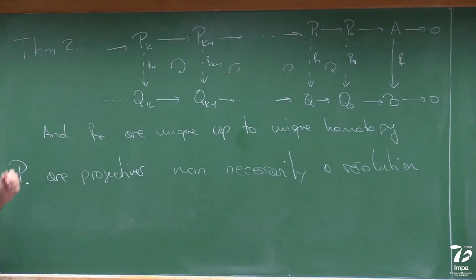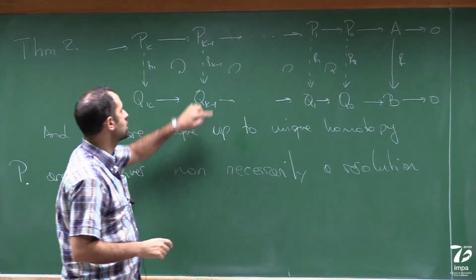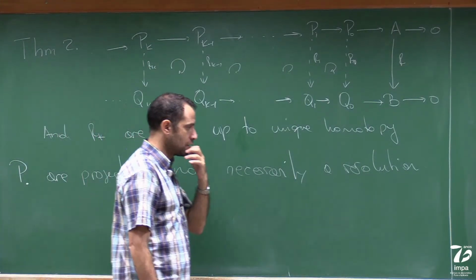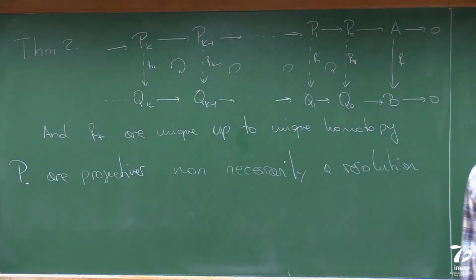We only used the fact that each one of these P's was projective to construct the homotopy maps, to construct these maps in this direction, to construct the chain homotopy. Okay, so that was what we did last time.